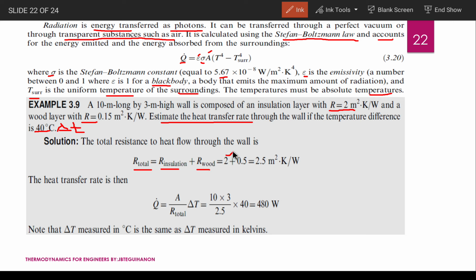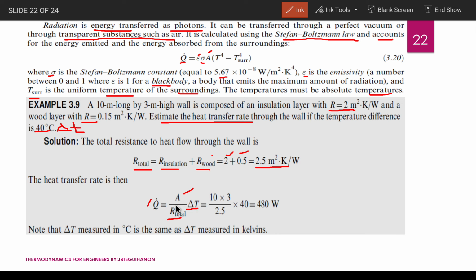Given yung R insulation, which is 2, plus R ng wood, which is 0.5. Ito yung R total. So, the heat transfer rate is then, yung Q mo, is equal to A divided by R total times delta T.